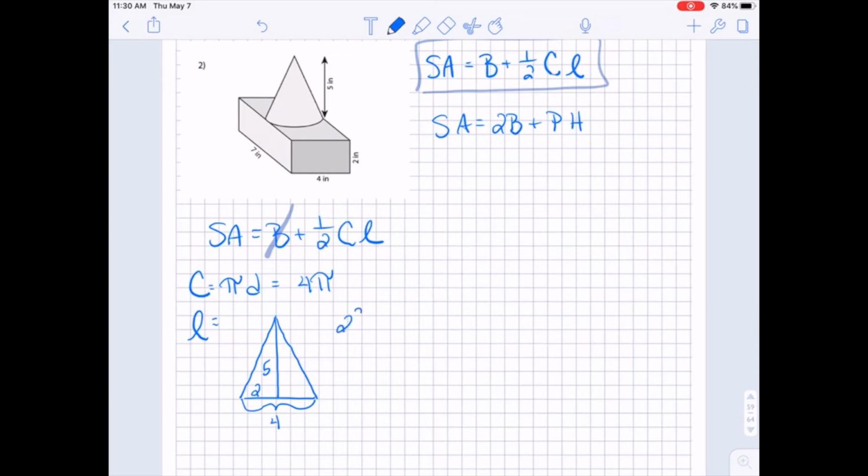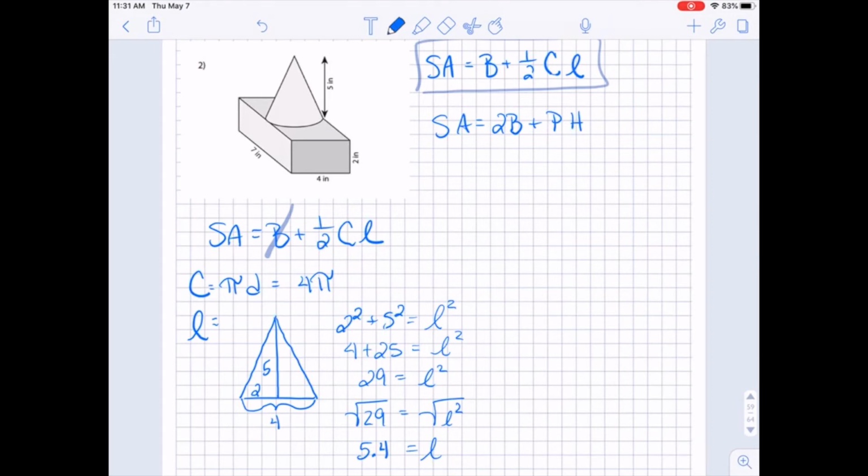So we need 2 squared plus 5 squared equals my slant height squared. And the approximate square root of 29 is 5.4. We're going to go ahead and use our calculator to determine that, and always round to the 10th place.